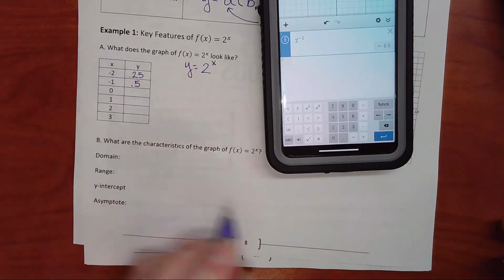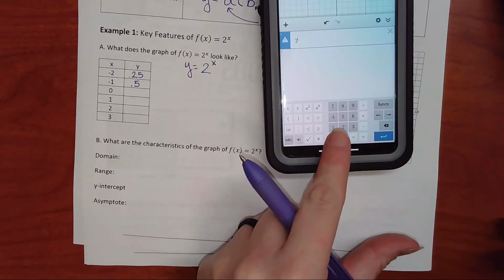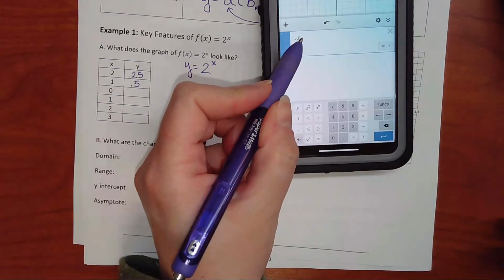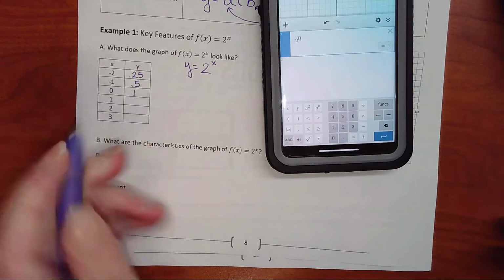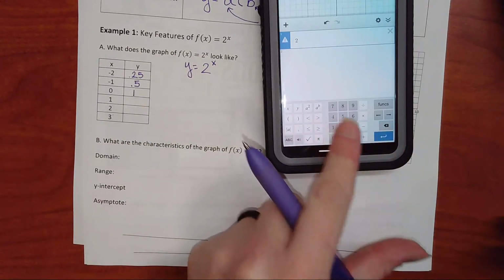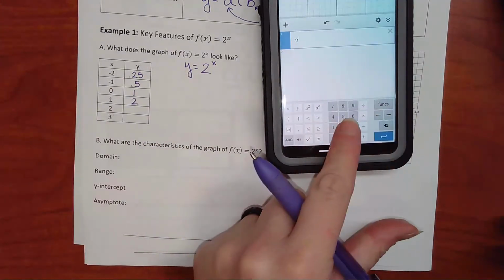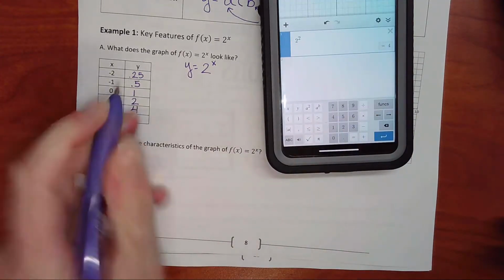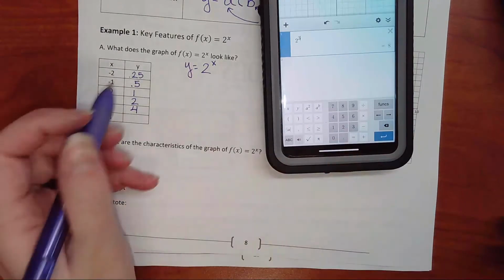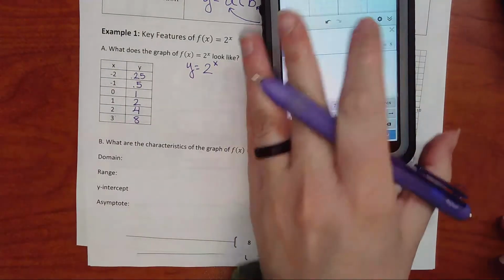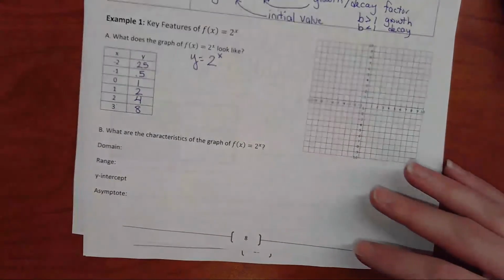I get a 0.5. Instead of a -1, I'm going to plug in a 0. Anything to the 0 power, remember, is 1. Then I plug in a 1, and I get a 2. Put in a 2, I get a 4. Put in a 3, I get an 8. So use Desmos to help you with that.